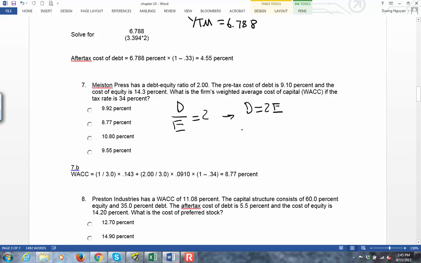Okay, so in the capital structure, the weight of debt over the value of the firm would be 2/3, and the weight of equity in the capital structure would be 1/3.